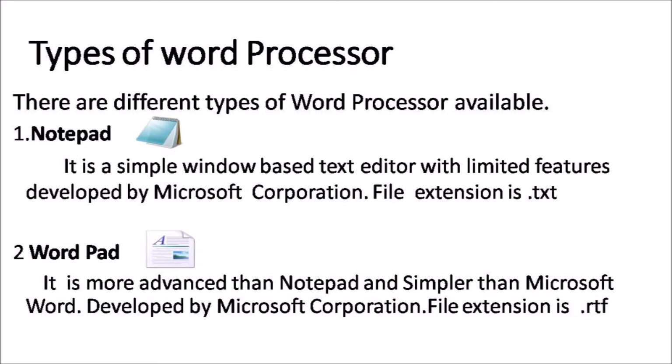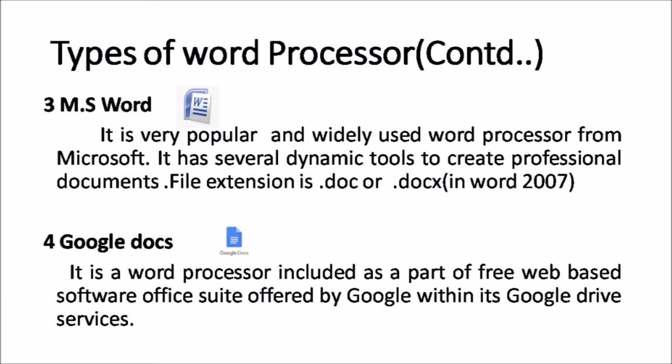Next type is MS Word, Microsoft Word. It is a very popular and widely used word processor from Microsoft. It has several dynamic tools to create professional documents. File extension is .doc, or .docx in Word 2007. Nowadays we usually use this type of word processor, MS Word.